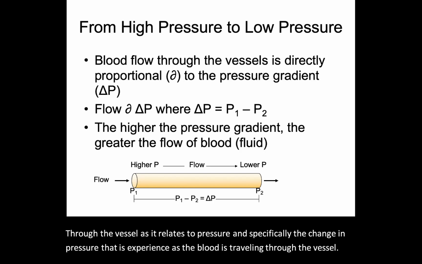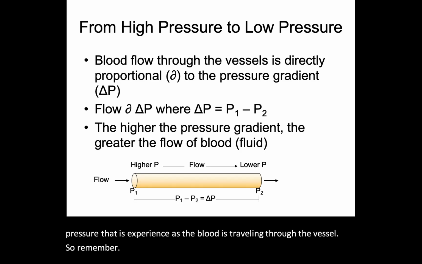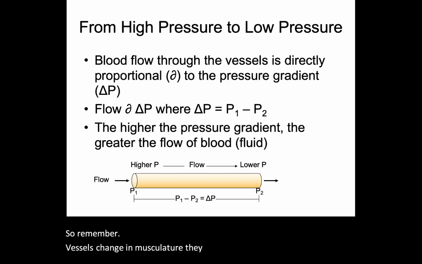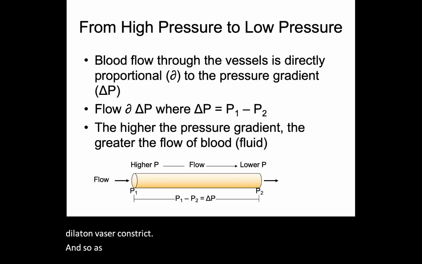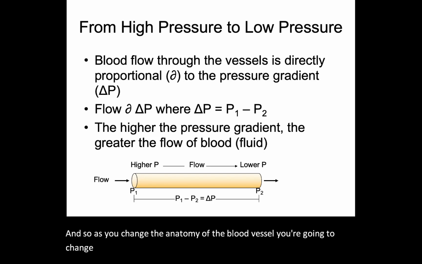So remember, vessels change in musculature, they change in the presence or the quantity of elastic fibers, and they're also going to change in their ability to vasodilate and vasoconstrict. Right? And so as you change the anatomy of the blood vessel, you're going to change the pressure. And as you change pressure, you change the ability for effective rate of flow or blood flow.